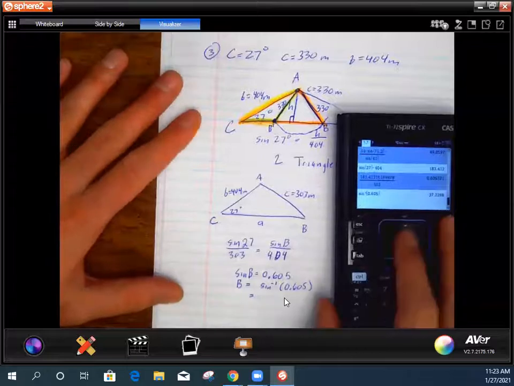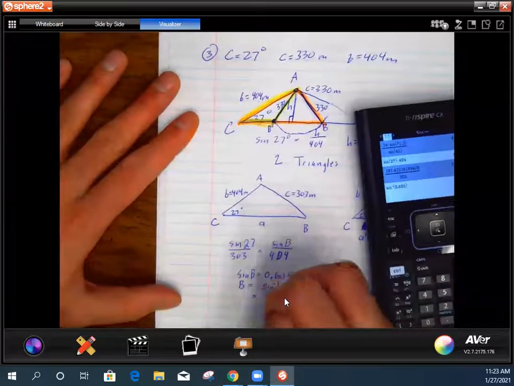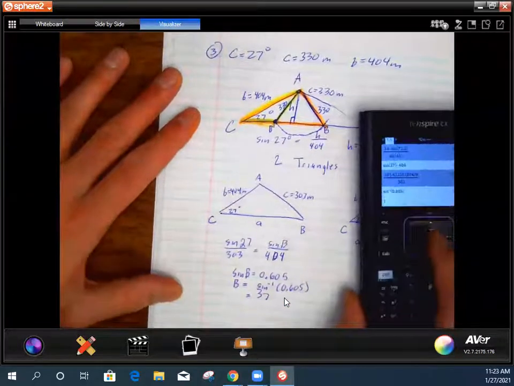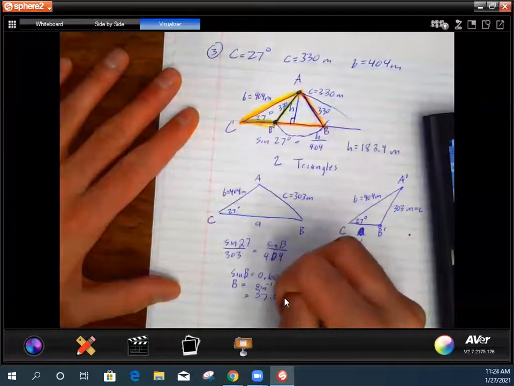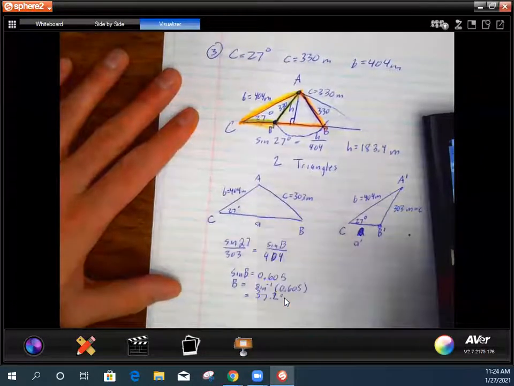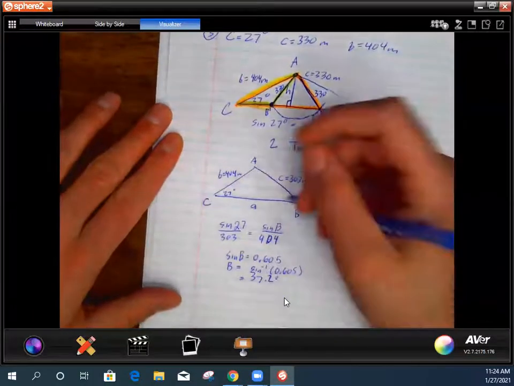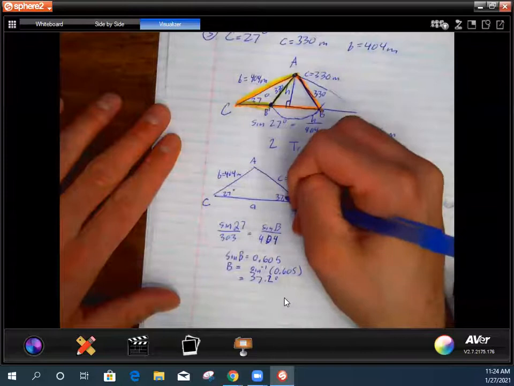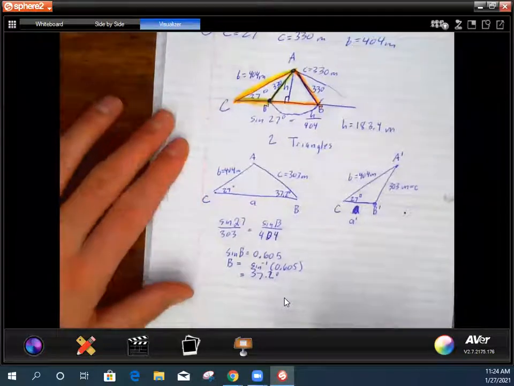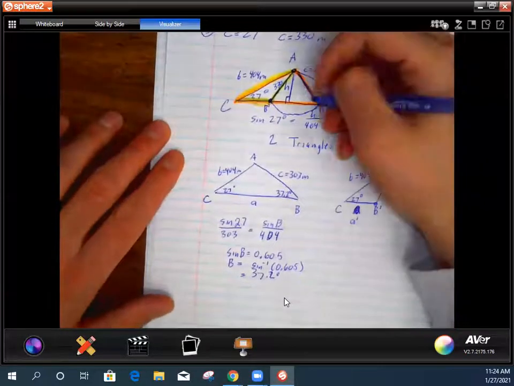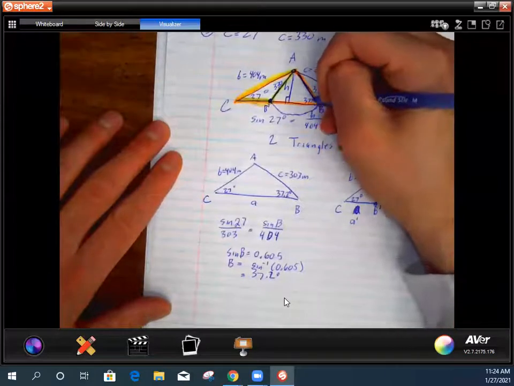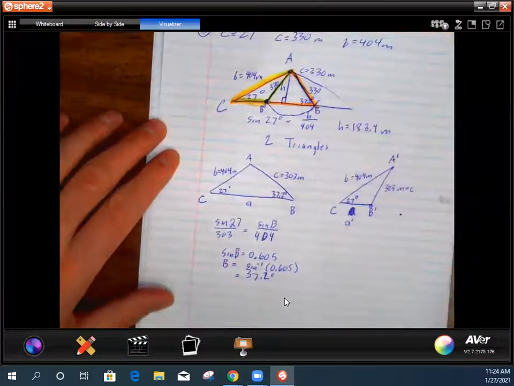So I get 37 degrees, and I'll round that to 37.2. So in this picture, I just figured out that this angle was 37.2 degrees, which means in this picture, this angle here is going to be 37.2 degrees.